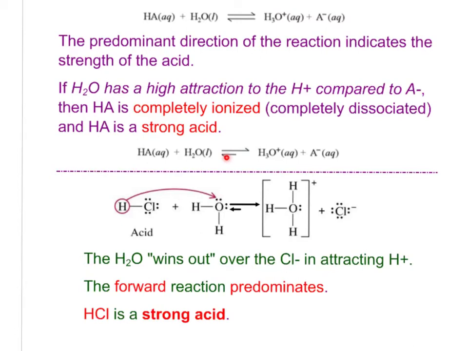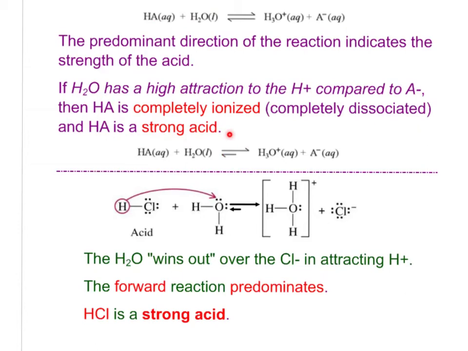So if, for example, here's our water. If water has a very high attraction to the proton here, compared to the anion right there, then the acid, the HA, is completely ionized. It means it dissociates completely in water. And HA is considered a strong acid.